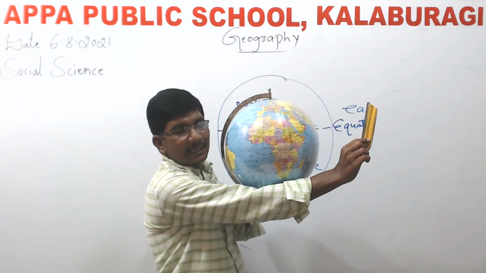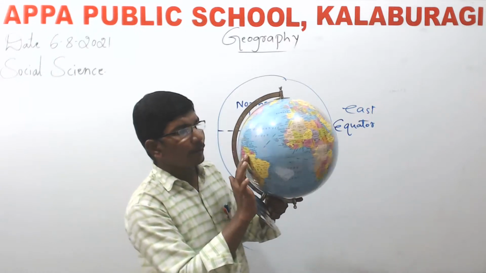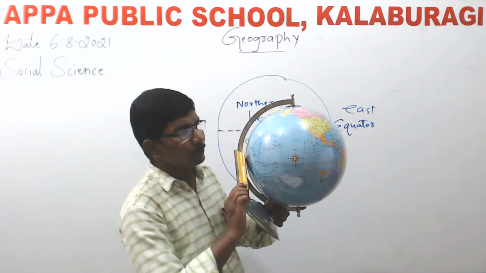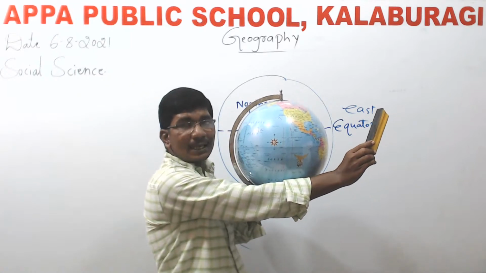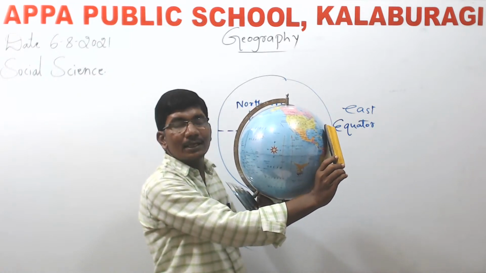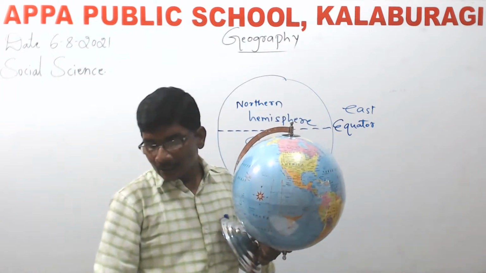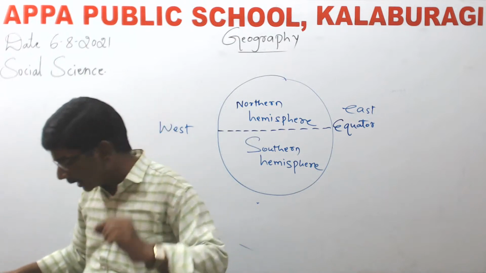When the earth moves from west to east, and the sun rises, that side will be the east direction. So that's why the sun always rises in the east direction.